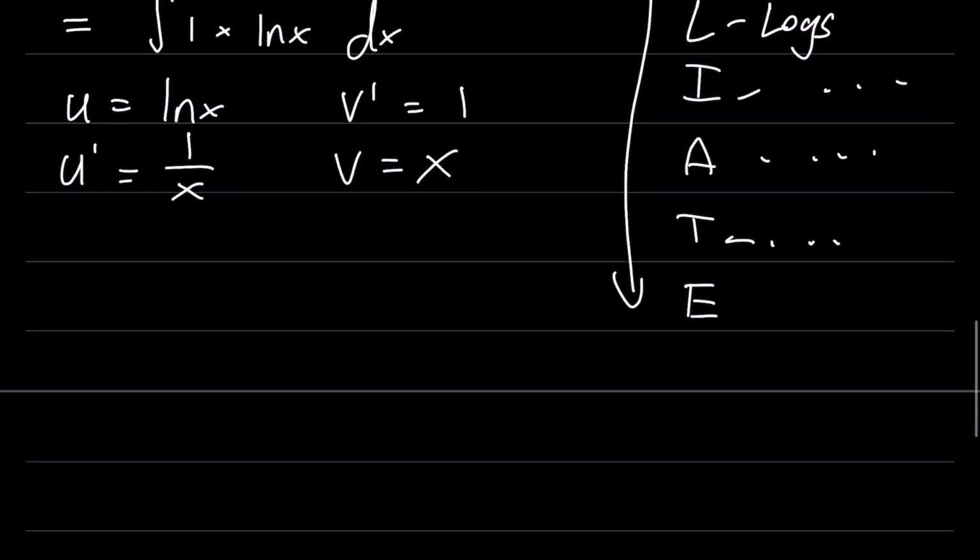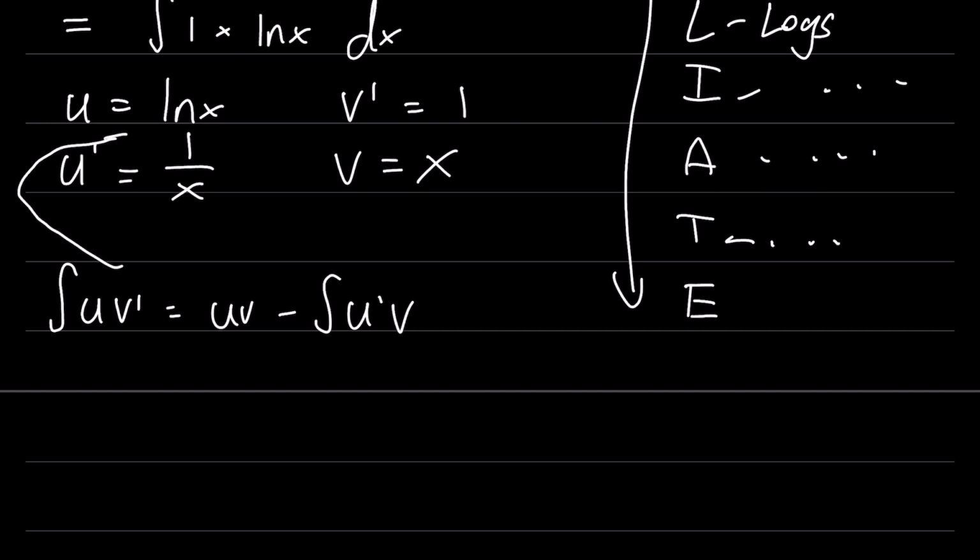Cool. So now that we know this, we have actually kind of gotten the answer, as I said before. So remember the integral of u v prime is equal to uv minus the integral of u prime v. Now we just have to plug and chug, and we have our answer basically.